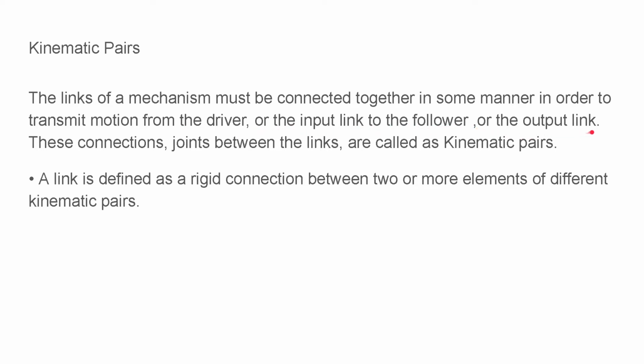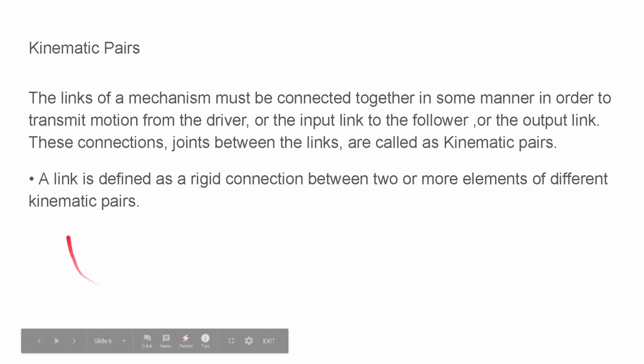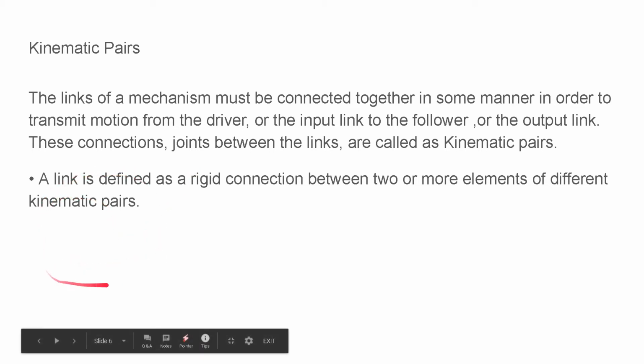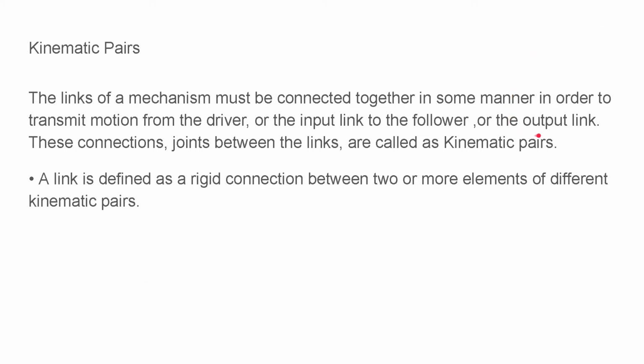The purpose is that somewhere we have some amount of energy, some rotations or translations happening, and we want to transmit these to some other position, and the linkages in between are called links. We want to study how we can achieve our purpose of transmitting energy or some type of motion to another place, and we may change the type of motion over there also.